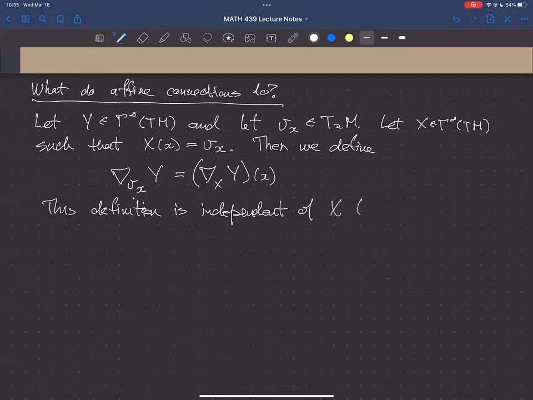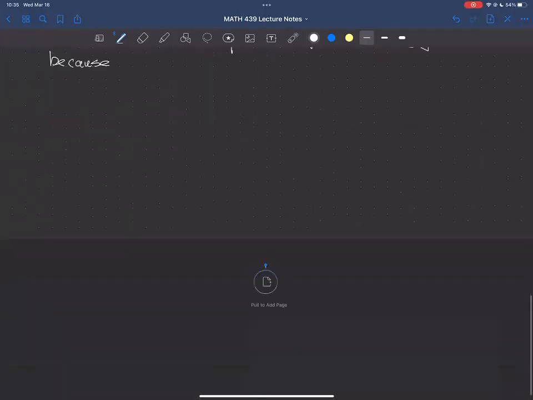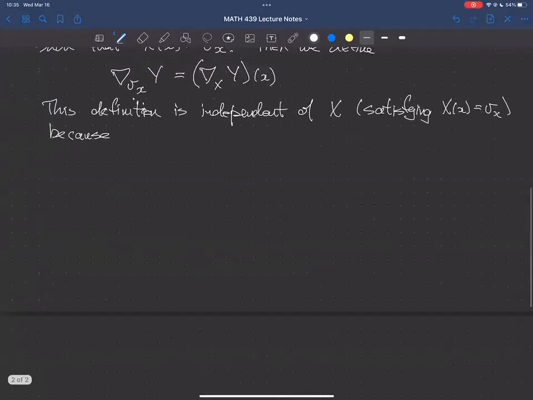Okay, but up to, of course, the fact that X has to satisfy the condition that I asked that it satisfy. Okay, so if you choose any other X that satisfies this condition, the point is the definition will still, or the same quantity applies. And the reason why, and maybe the simplest reason, is to just remember what the coordinate formula for the covariant derivative is.